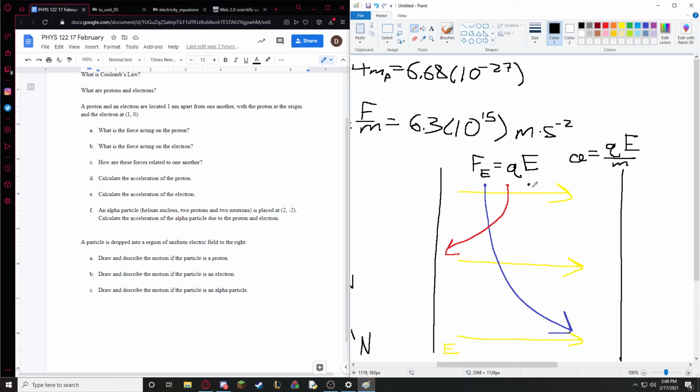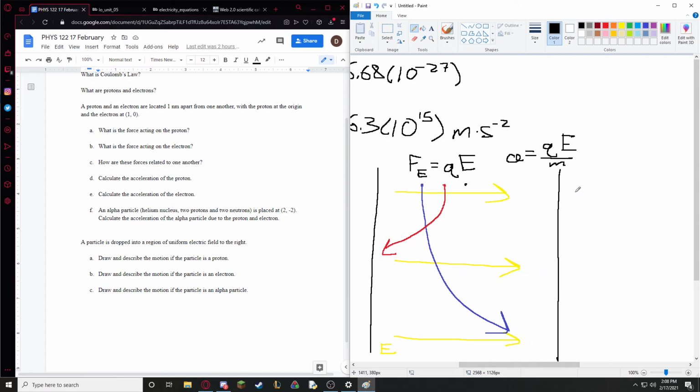Think about it. Because if the charge is increased by a factor of 2, and then the mass is also increased by a factor of 2, you'd have to draw it out. So it's 2q times the same E divided by our mass, which is double. It's quadruple. Quadruple, exactly. So we have 4 times the mass.